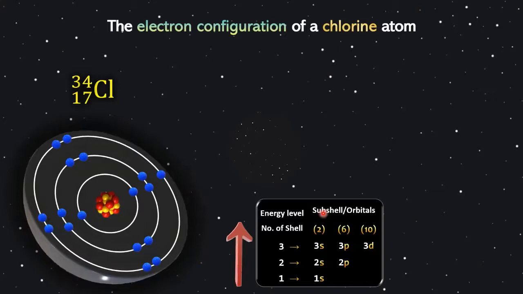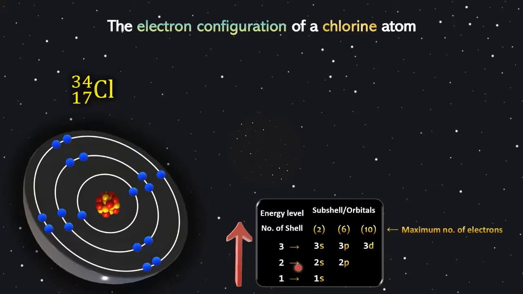These subshells are named S, P, D, or F. And each subshell has a different maximum number of electrons. In this example, we don't have an F subshell because the atomic number of chlorine is only 17.